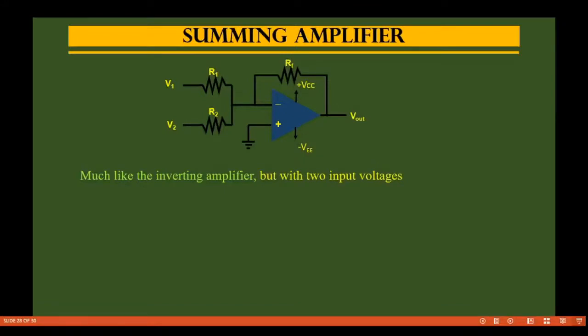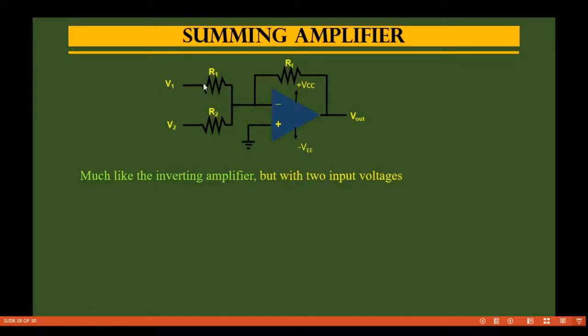Now there is another application of using an op-amp, as a summing amplifier. This is much like an inverting amplifier but with two input voltages. This is again a feedback circuit where we have applied a feedback resistance, and at the input, instead of using a single source, we are applying two sources at a time.